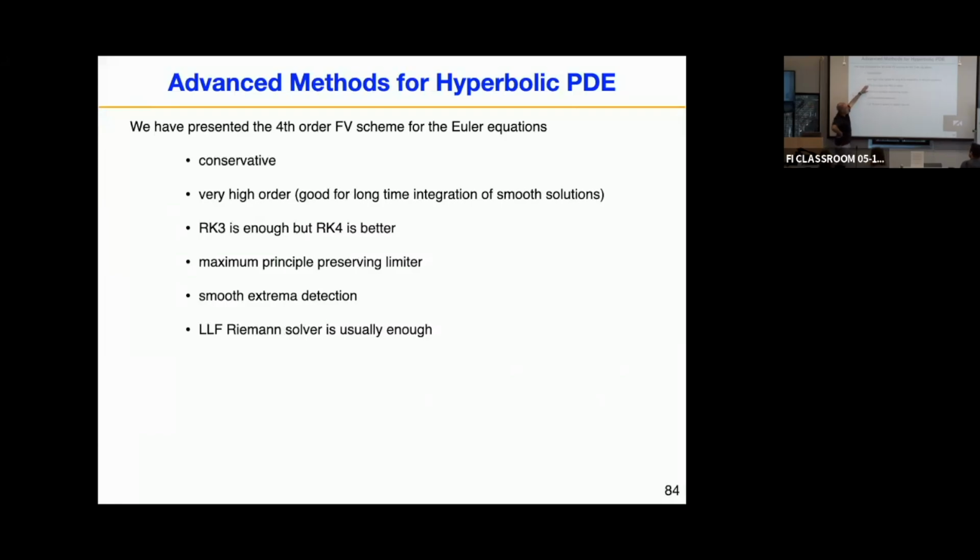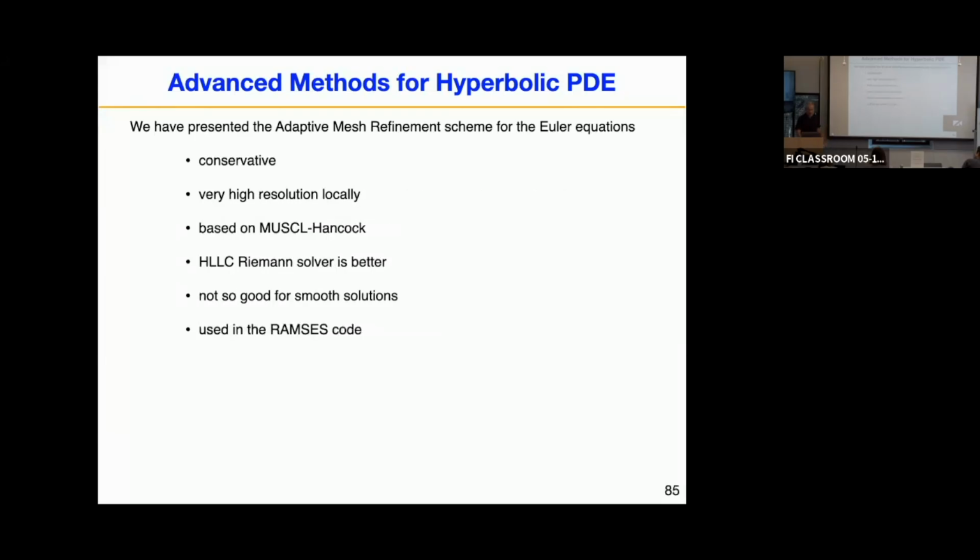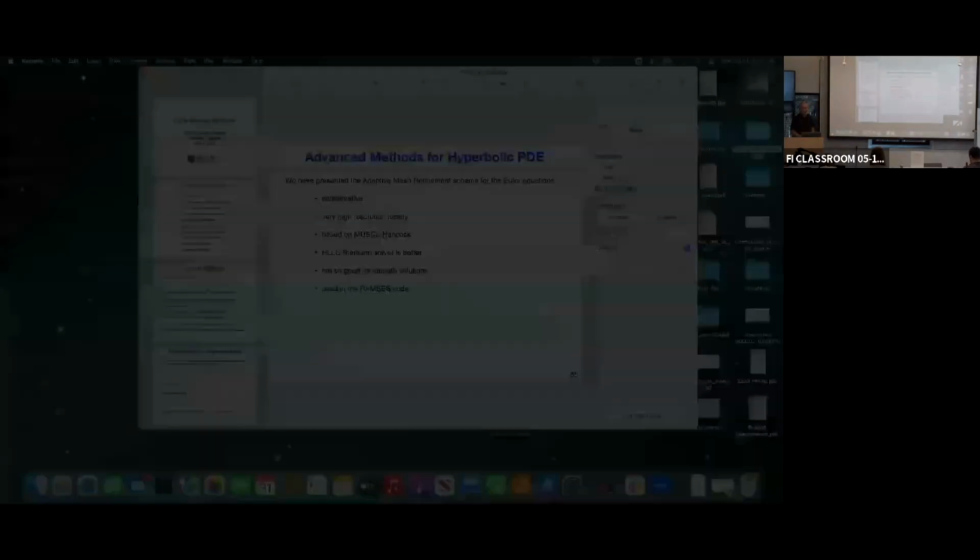You need a Runge-Kutta method to update the solution. You don't need an expensive Riemann solver; Lax-Friedrichs is enough. And then we have seen AMR. You need HLLC, and you need to put your resolution locally very high. We're going to use the Ramses code and the Athena code tomorrow to do these kinds of calculations. That's it. Thank you.